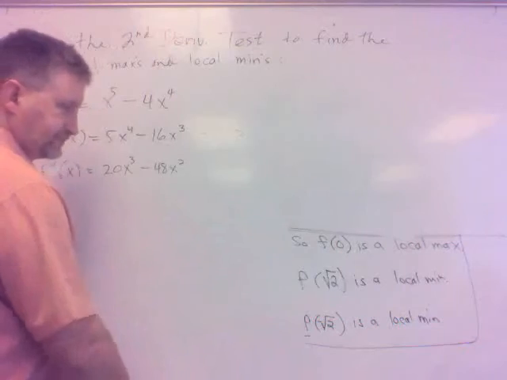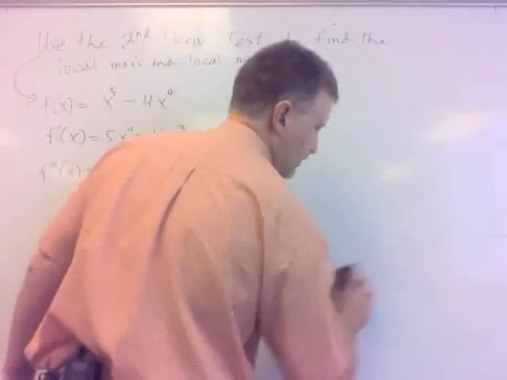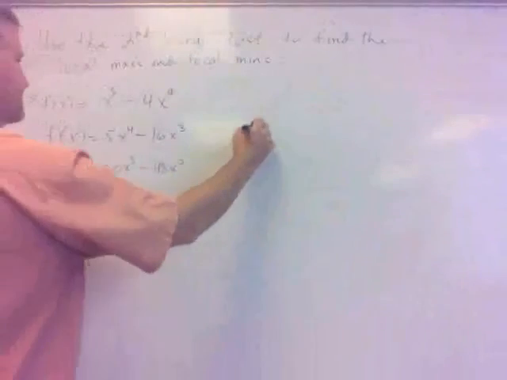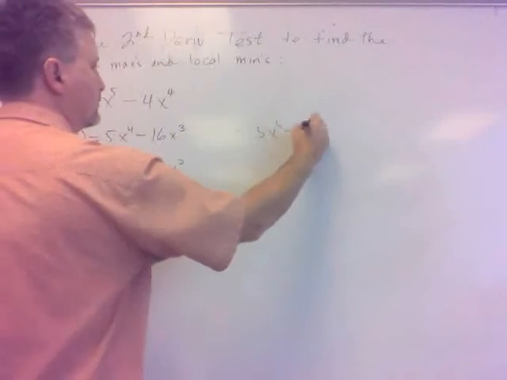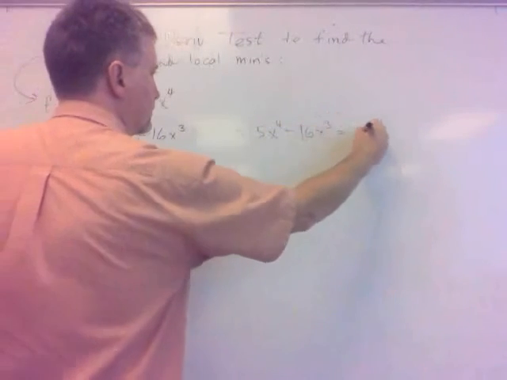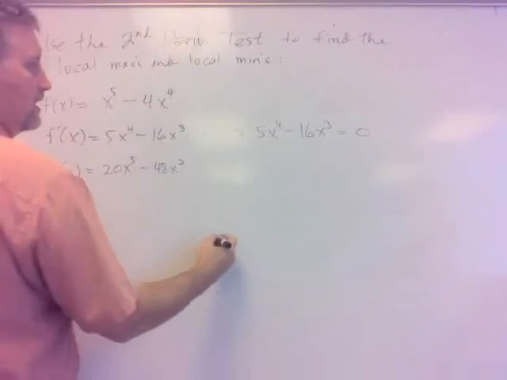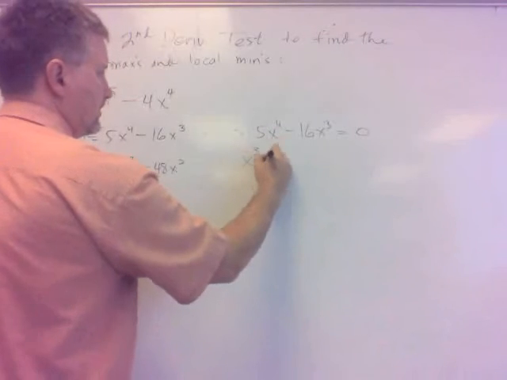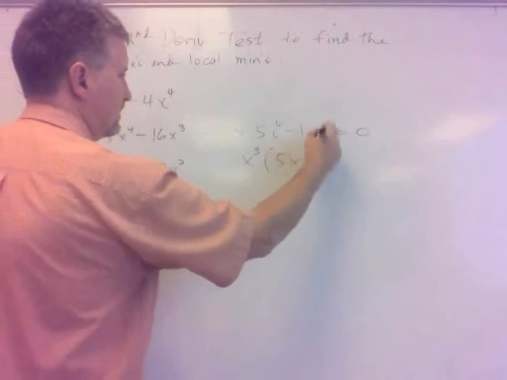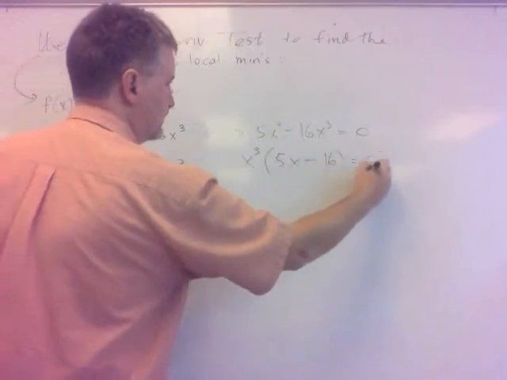All right. After getting those, let's find the critical numbers, setting the derivative equal to 0. Common factor of x cubed, so that'd be 5x minus 16 equals 0.